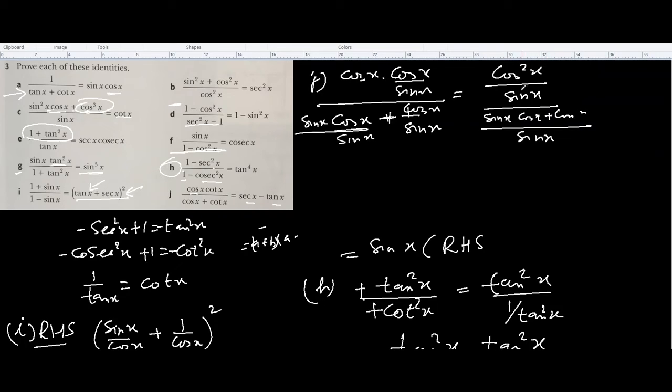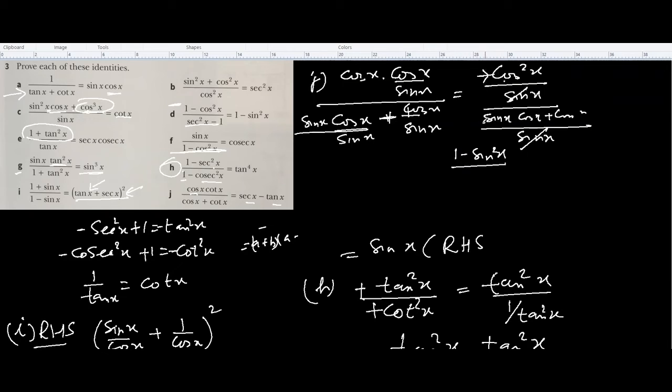So this sin x and this sin x will get cancelled. Now what are we left with? The numerator will be cos square x, which is 1 minus sin square x.